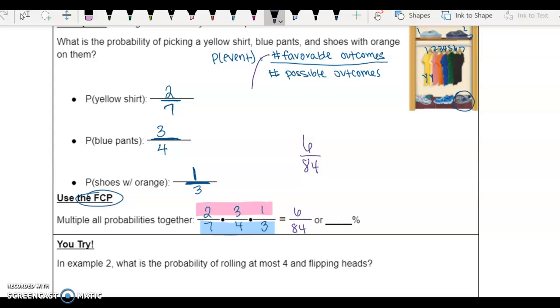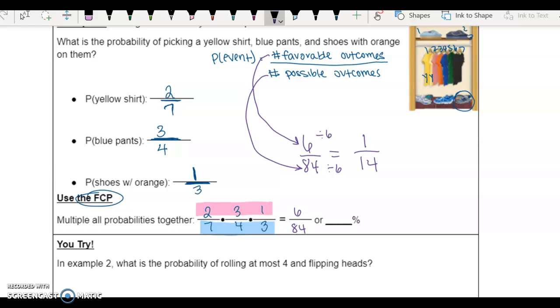So we have the number of favorable outcomes and the number of possible outcomes. And when I simplify the fraction, I get 1 out of 14. So 1 out of 14 outfits will be a yellow shirt, blue pants, and orange with my shoes.